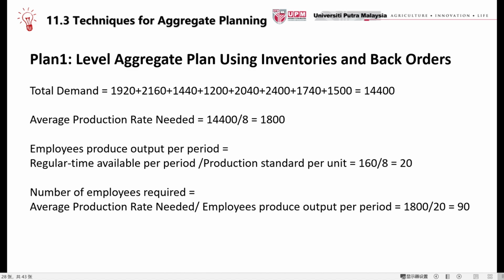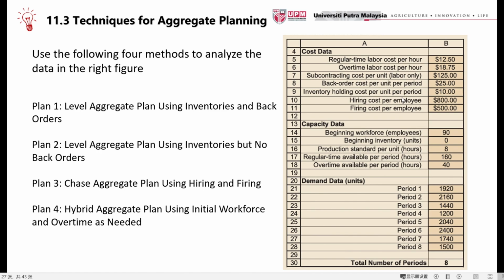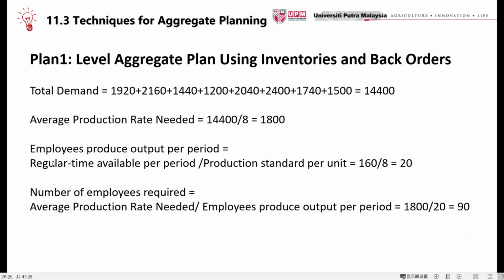The average production rate needed is the total demand divided by the number of periods. From this graph, we can get the employee's production output per period: an employee can produce 20 units in a period. We divide the average production rate needed by the employee's output per period, and then we know that the company needs 90 employees in plan 1.